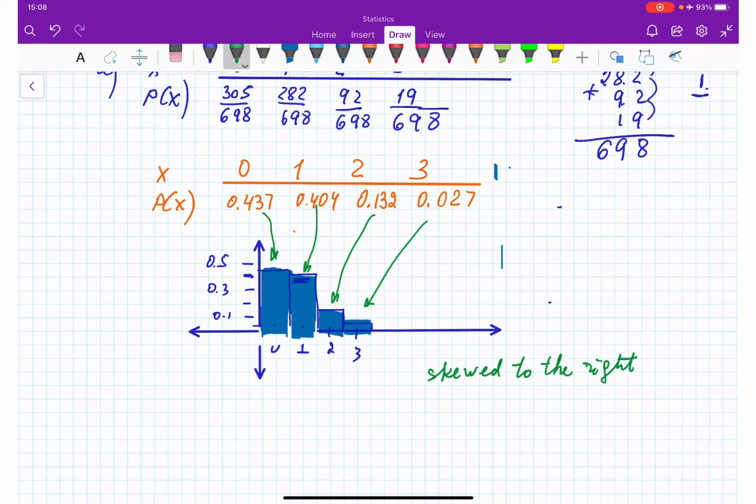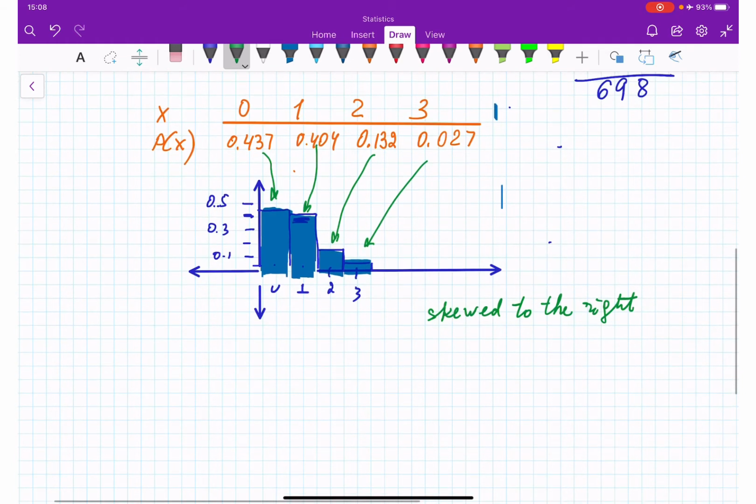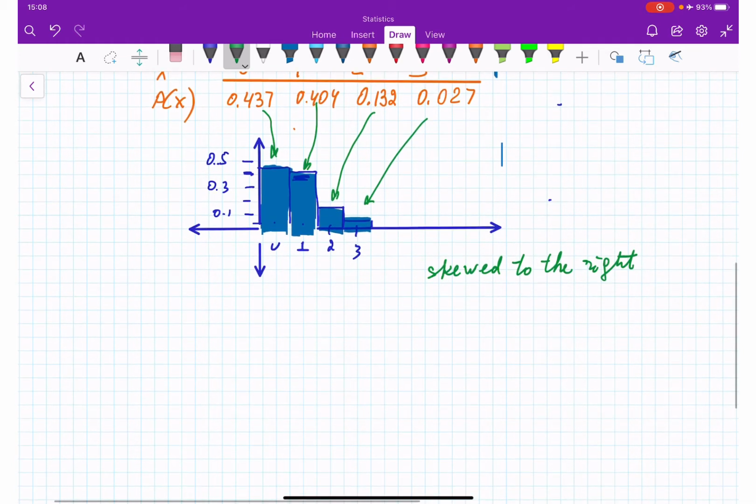Okay, question number 2. So we are given a probability distribution.